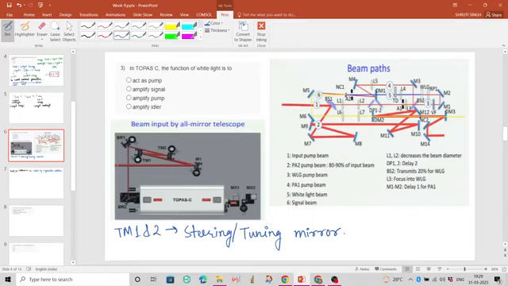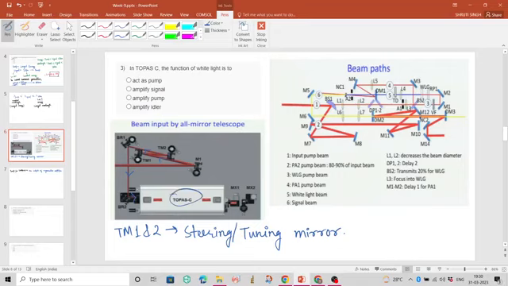The output of the regen comes from here, hits M1, goes in this direction, then it is reflected, and then it hits the mirror TM2, then again reflected, it hits this mirror BR1. These two are at different levels, they are not crossing each other. The vertical heights of these two are different. Then it is coming from here, again reflected, and then this goes into the TOPAS C.